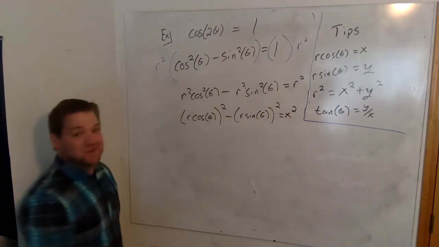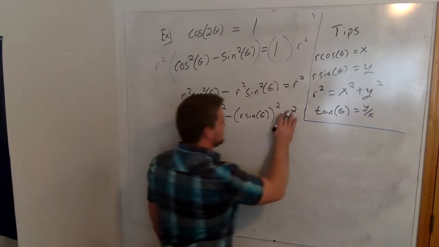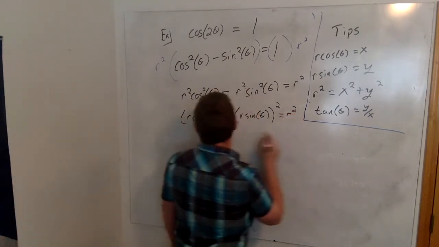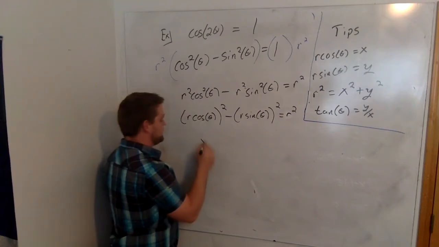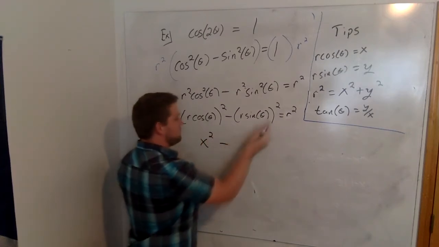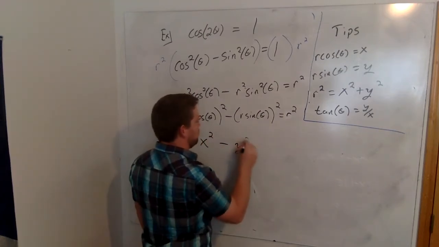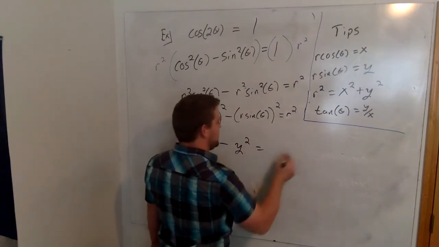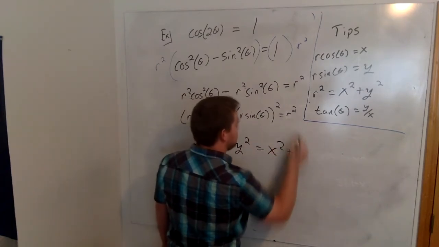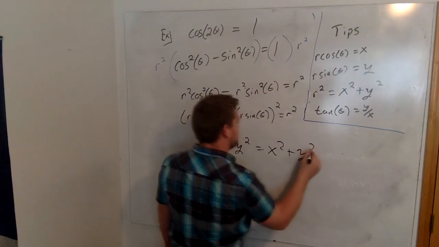And from here, there's lots of replacements we can do. So r cosine of theta, that's the same thing as x. We have x squared minus, this is the same thing as y squared. And on the right-hand side, we're going to get x squared plus y squared.